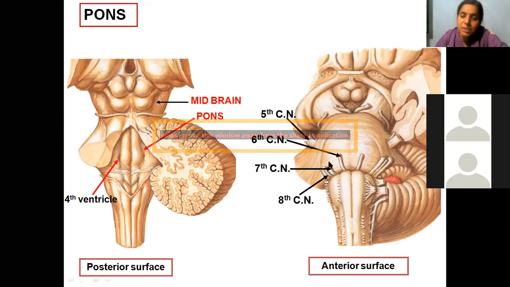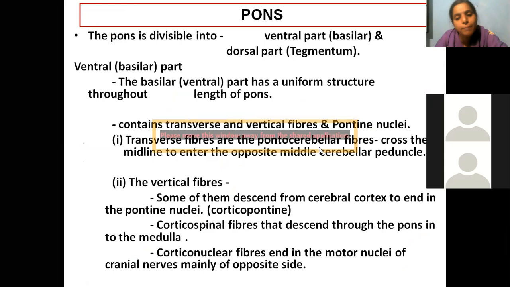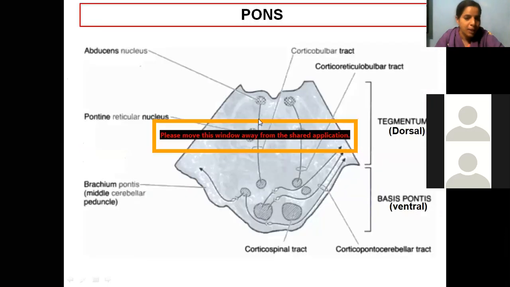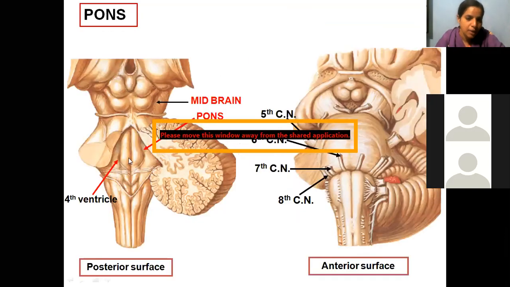So now this facial nerve is trying to move towards the trigeminal nerve by making a bend over the abducent. That is producing the elevation. That's what is called facial colliculus. I'll show you facial colliculus again. See, this elevation is facial colliculus. It is produced by the underlying facial nerve nucleus.